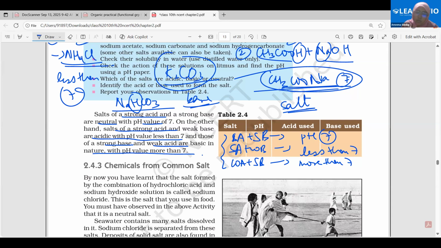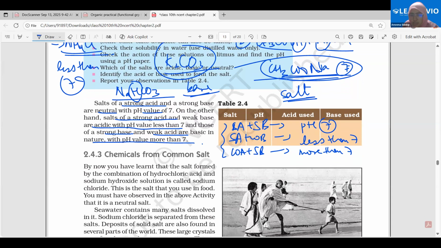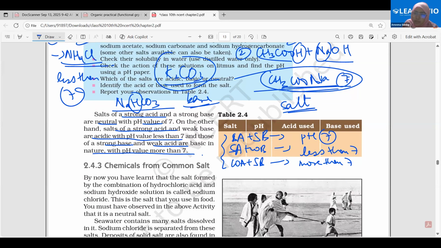Strong acids: HCl, H2SO4, HNO3. What's the name of HNO3?